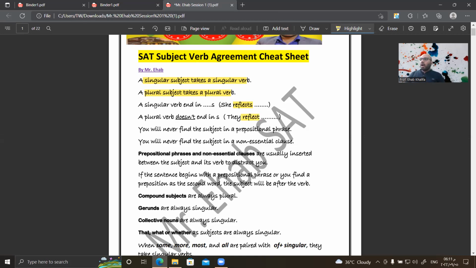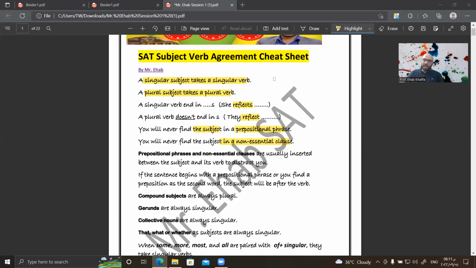You will never find the main subject in a prepositional phrase. You will never find the subject in a non-essential clause. A non-essential clause would begin most of the time with which; which always introduces a non-essential clause. Who can introduce a non-essential clause sometimes, essential clauses other times.